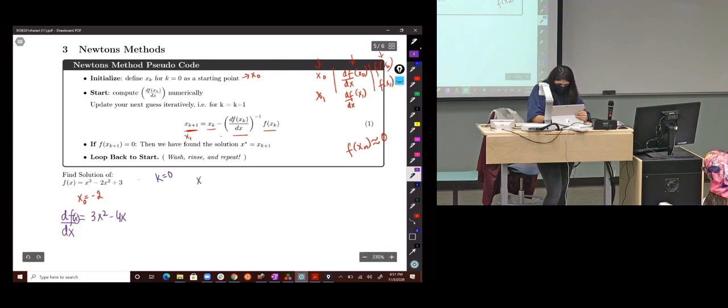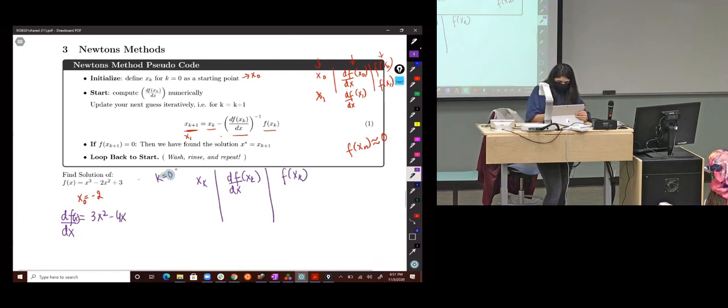For k equals 0, we have x0. Then there's an xk, a df by dx at xk, and an f of xk. That's what we have. And for k equals 0, we have x0, which we took to be minus 2.